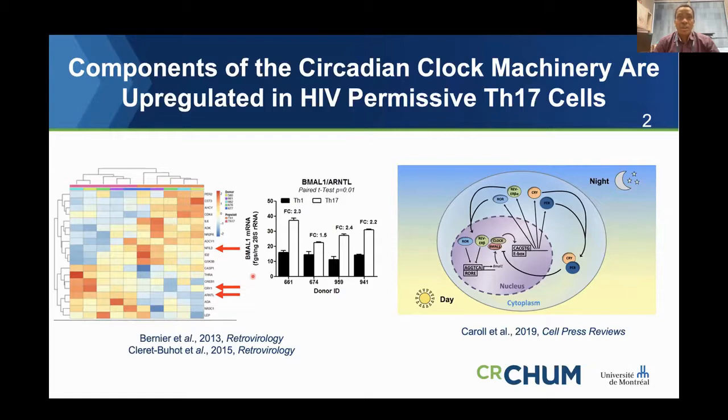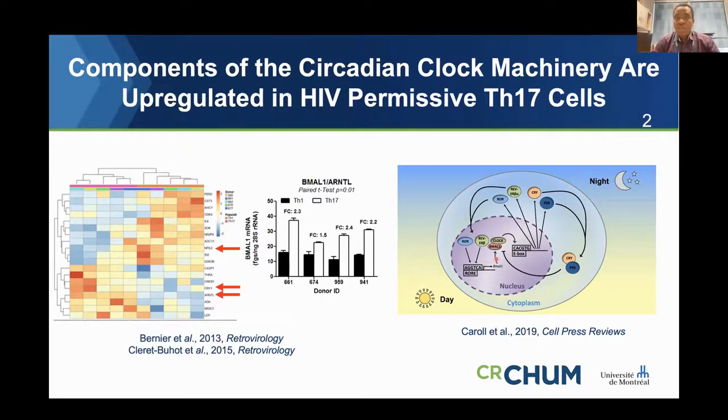Among this signature are components and regulators of the circadian clock machinery, in particular BMAL1, also called ARNTL, the master circadian clock transcription factor.